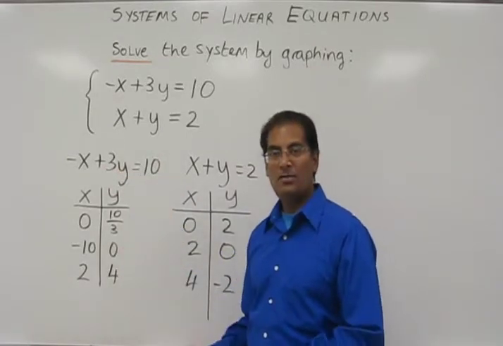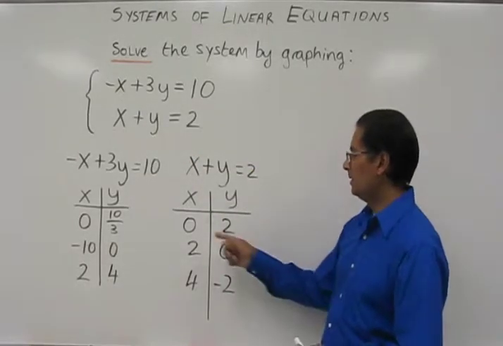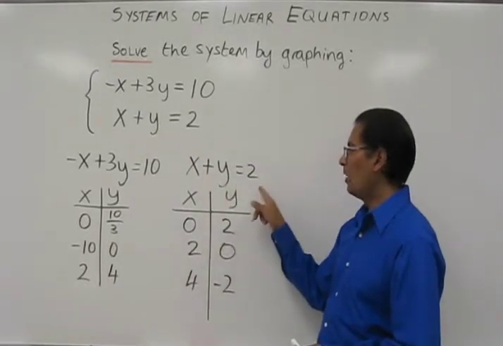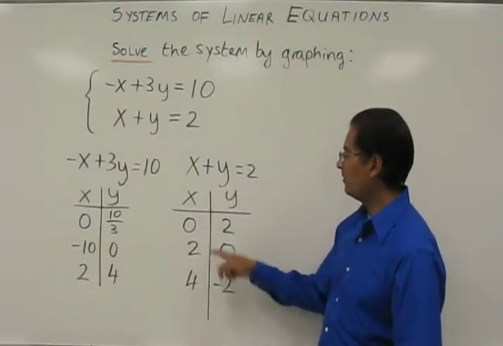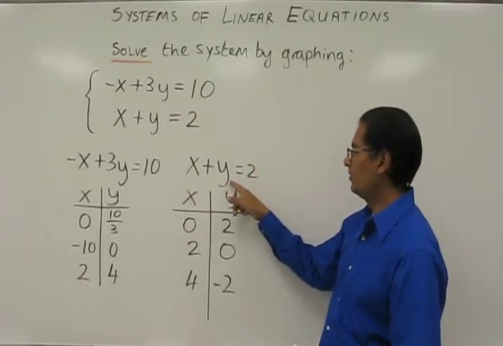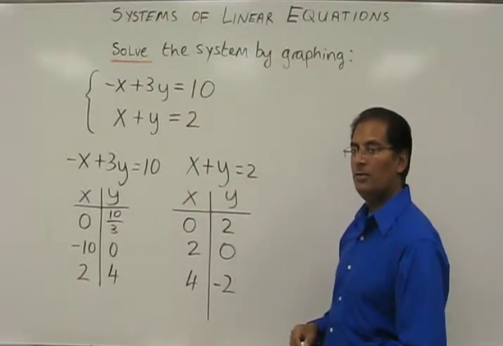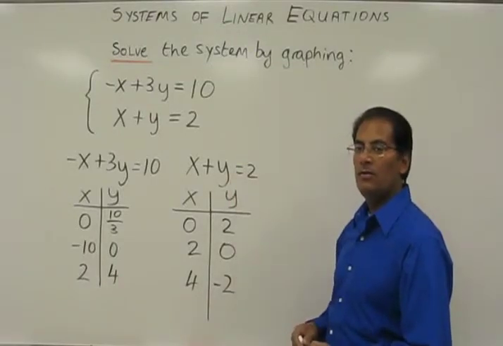So you could verify these 3 points lie on that line. The next line, x plus y equals 2, we have if x is 0, y is 2. If y is 0, x is 2. And then if x is 4, we move the 4 over. 2 minus 4 gives us negative 2. So y is negative 2. Again, you should verify that these 3 points satisfy that equation.